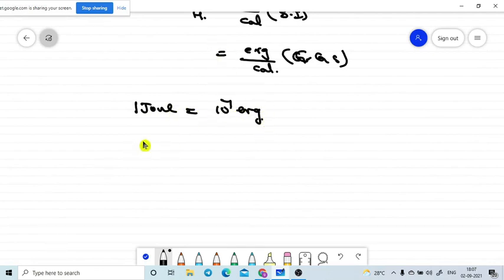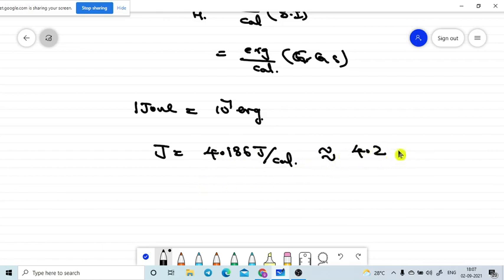So what is the constant value of J? J is equal to 4.186 joule per calorie, or as an approximate value we can take 4.2 joule per calorie in the SI system.